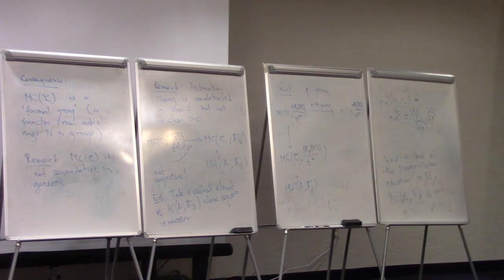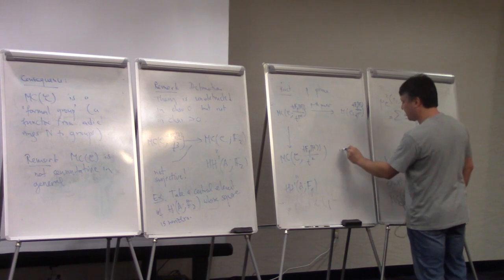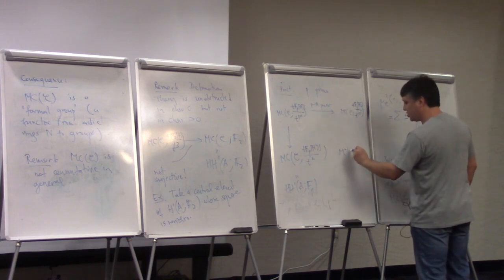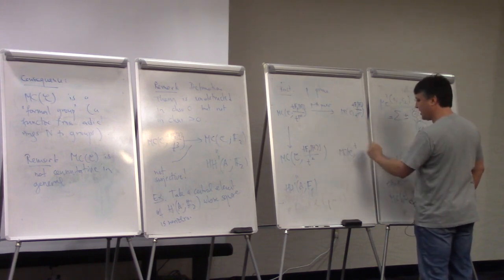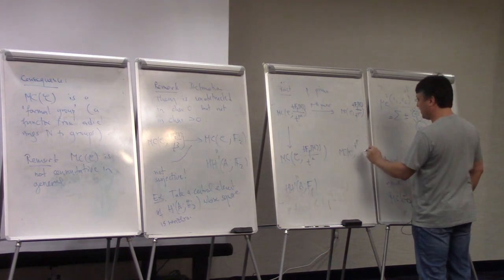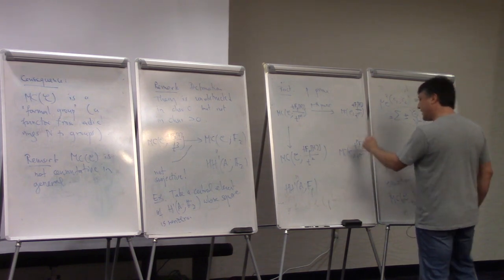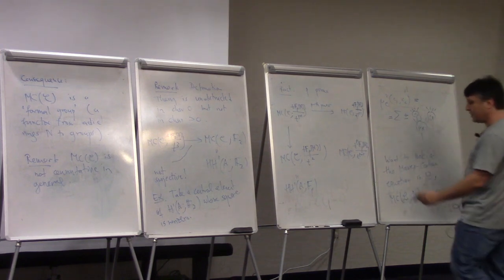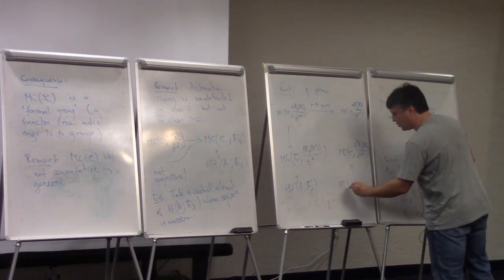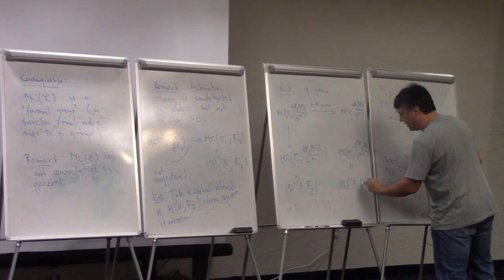And here I want to inject Maurer-Cartan solutions which have a t to the p coefficient, F_p[t] over t to the p plus 1. Here again, there's a ring where the square is obviously 0, so this is also HH^1(A, F_p).